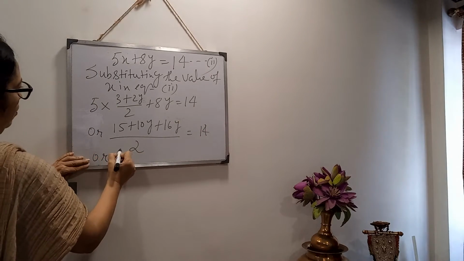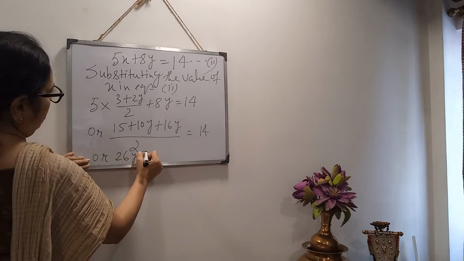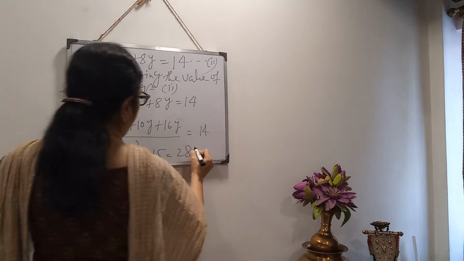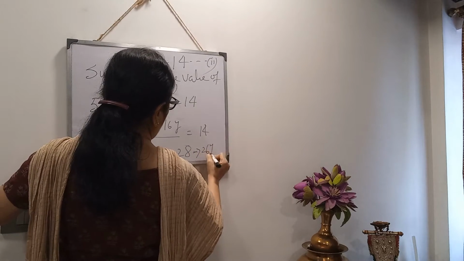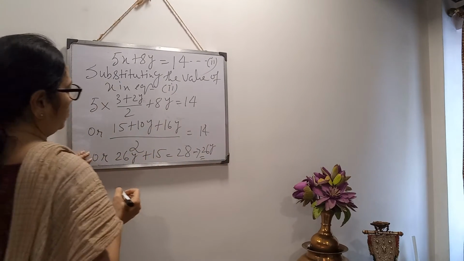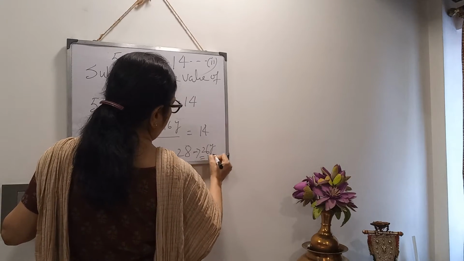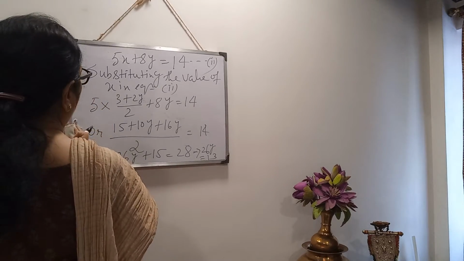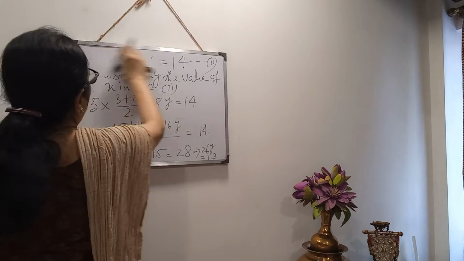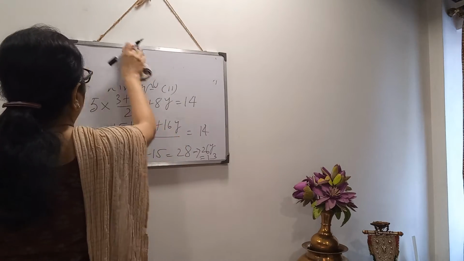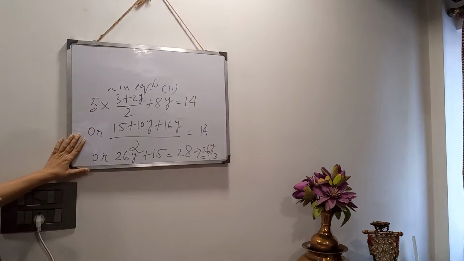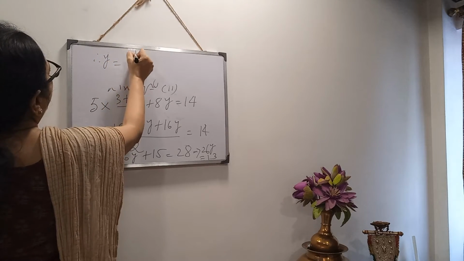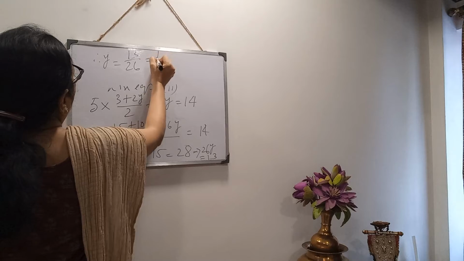Then 26y plus 15 equals 28, so 26y equals 28 minus 15, that means 13. Clear? So y is 13 by 26, that means half.